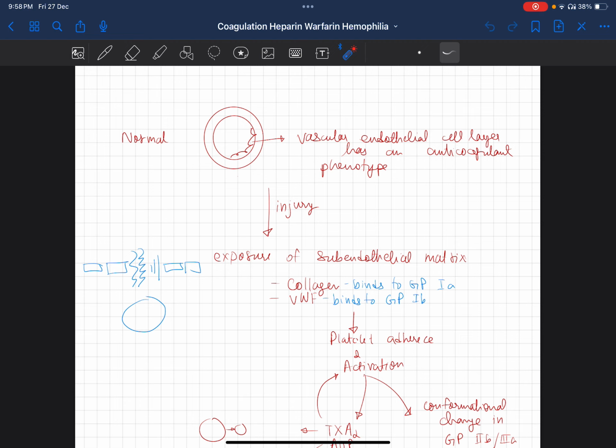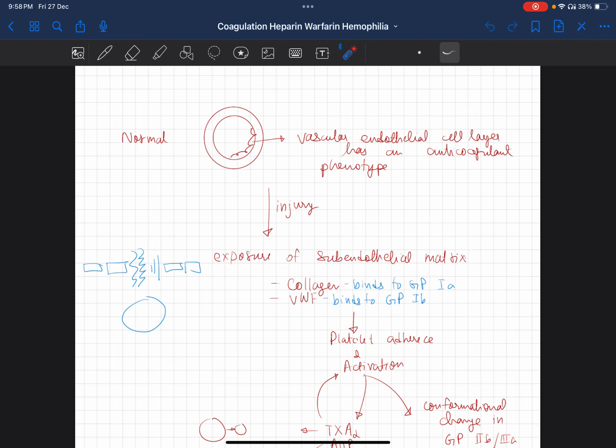Now, your normal blood vessel, when it's intact without any damage to its endothelium, which is its innermost layer, usually has an anticoagulant phenotype. So all your clotting factors, which are released by the liver, flow freely in the blood. You will only form a clot in a place where there is damage to your vessel's endothelium.